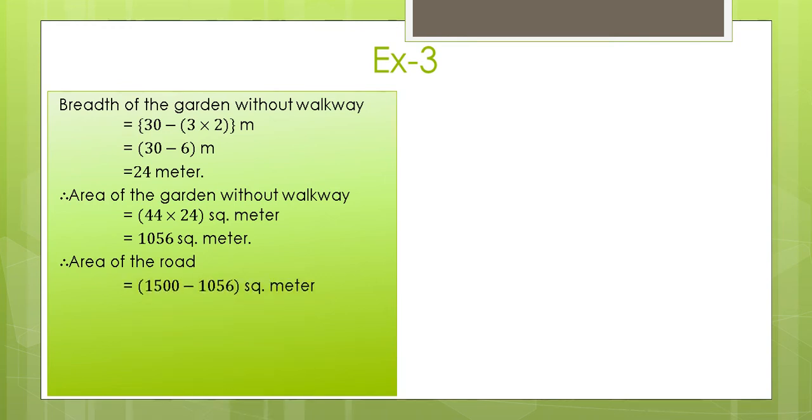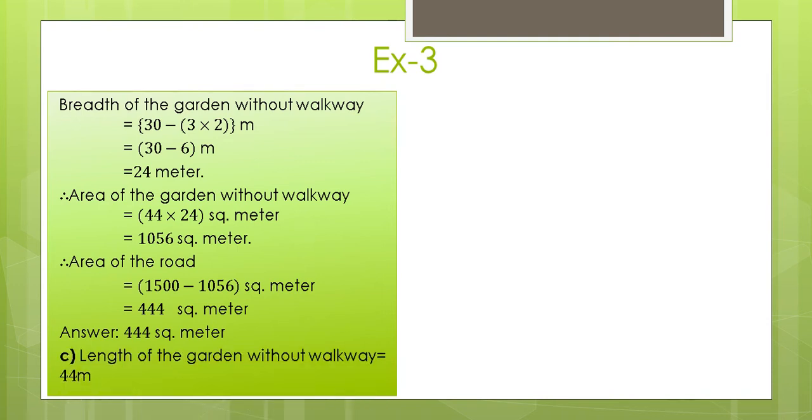So if we subtract the area of the garden without walkway, 1056, from the area of the total garden, which is 1500, then we find the area of the road, that is 444 square meter. So this is the answer of question number B, 444 square meter.